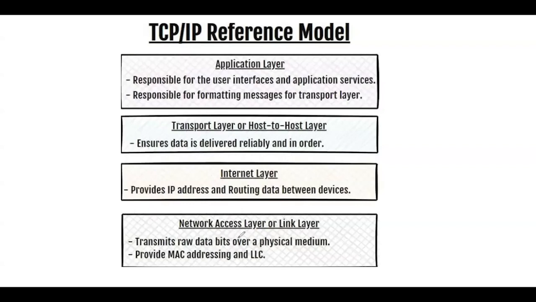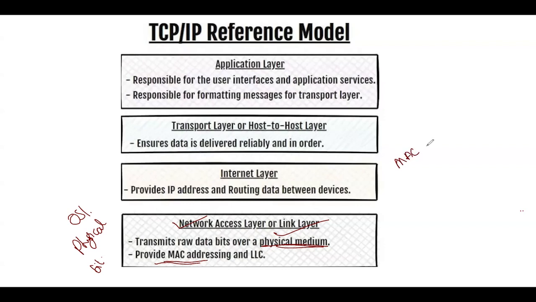The last layer is the network access layer or link layer. It transmits raw data bits over the physical medium. This work was done by the physical layer in the OSI model. Similarly, transferring the bits over the physical media is done by the network access layer or link layer. It also provides MAC addressing and LLC. Now, what is this MAC addressing?